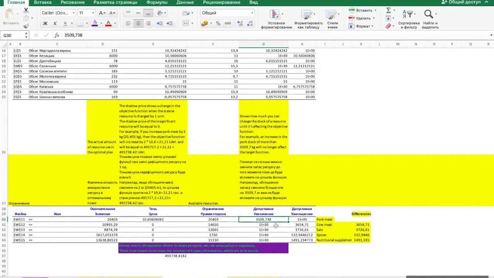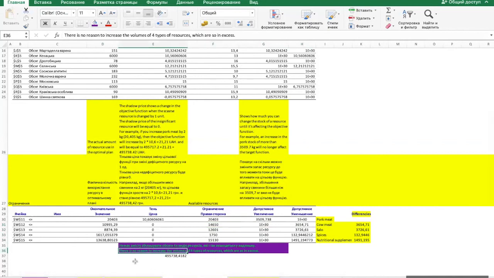What about our other, insignificant resources? We can see a very, very small possible increase, but according to these values, we can decrease the amount of these resources. This is how we can define these values. It's very easy, because they are the differences between our available quantities and the necessary quantities according to the optimal plan.